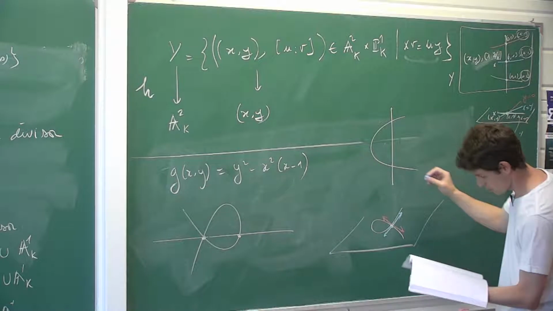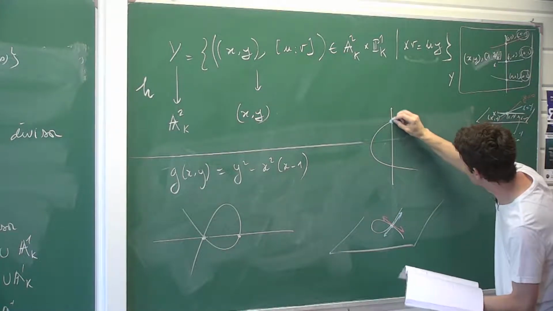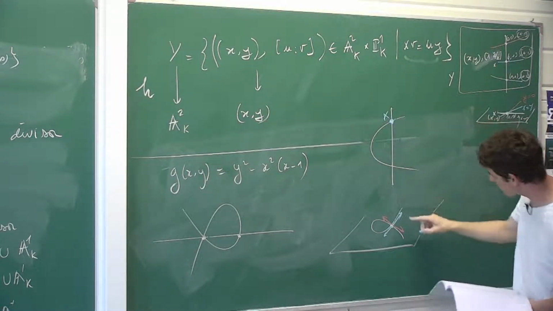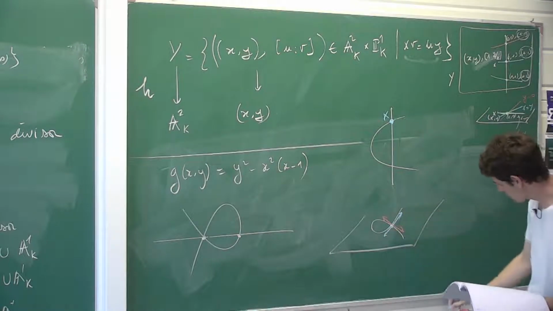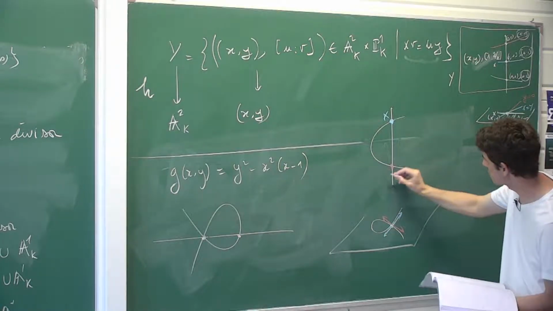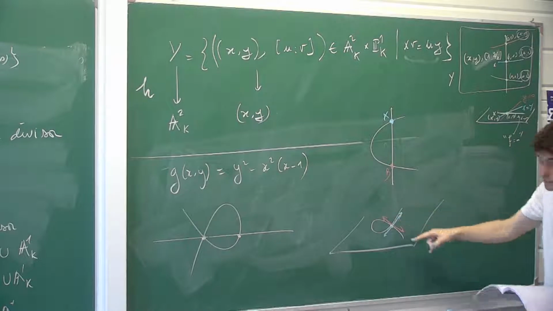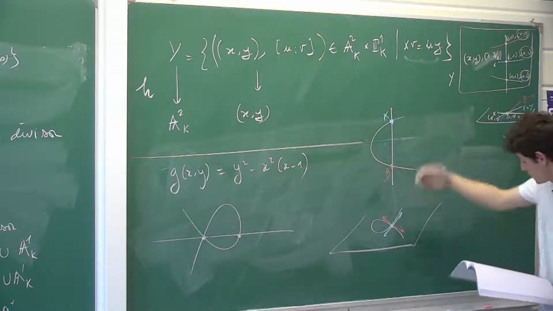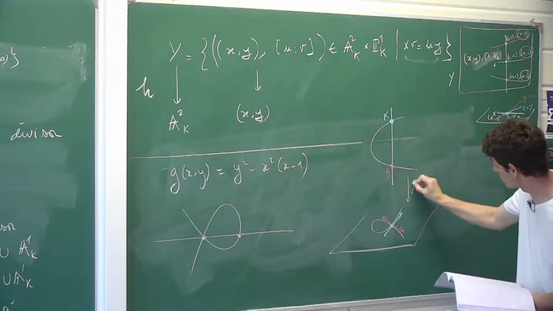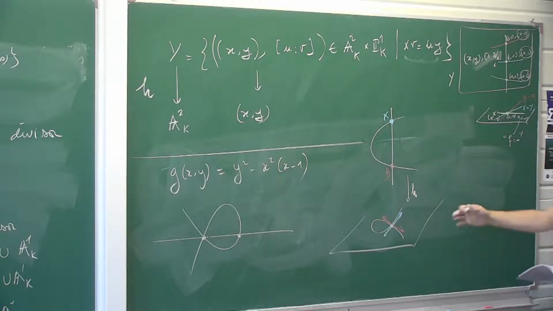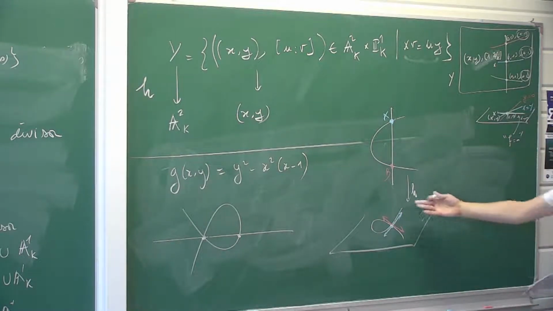And here you have a point A, which corresponds to the slope of this tangent, and here you have the point B, which corresponds to the slope of this tangent. Okay, so this is H, and this is the inverse image of the curves.